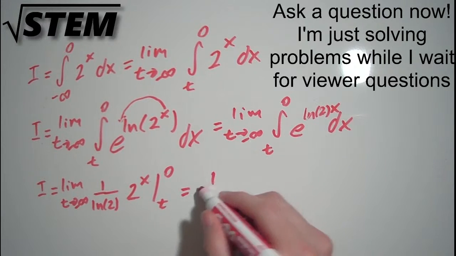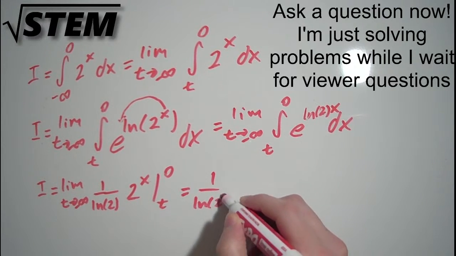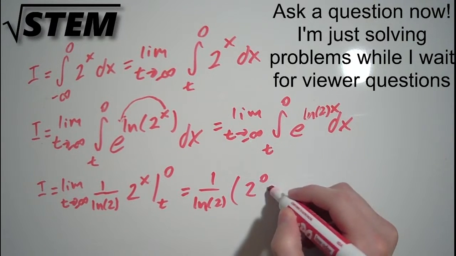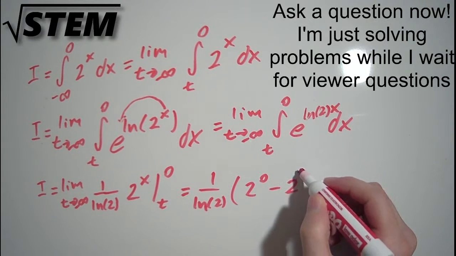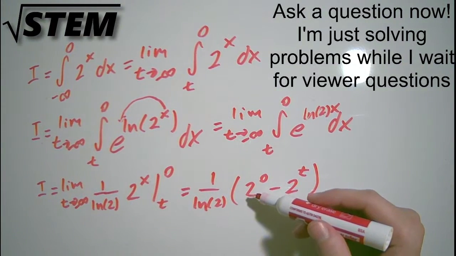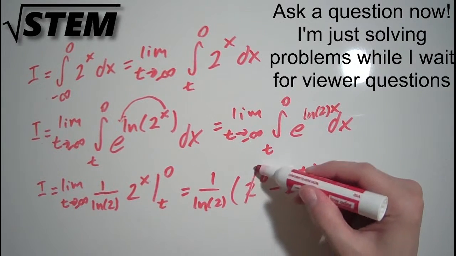So that's 1 over the natural log of 2 times 2 to the 0 minus 2 to the t. 2 to the 0, or anything to the 0, is just 1.